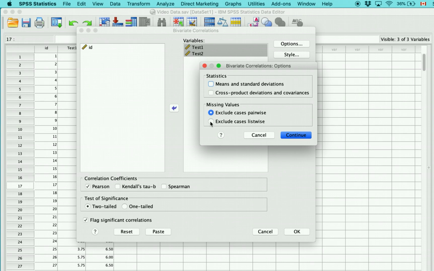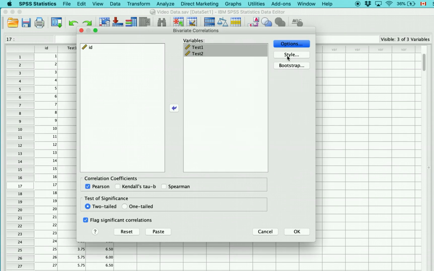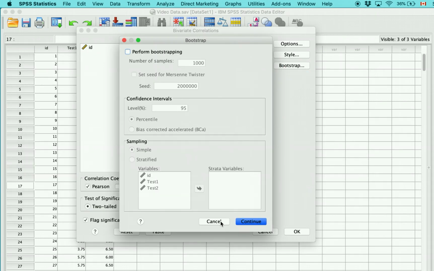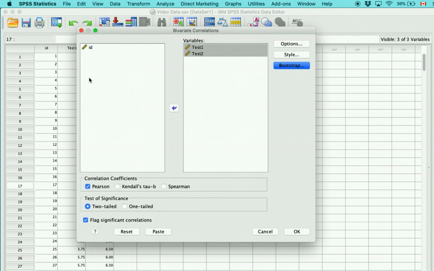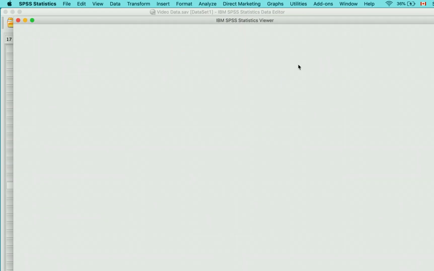However, if you were to select listwise, it would mean that anyone with missing data on any of the variables in here is going to be excluded from everything. So typically, to try to conserve the biggest number of participants possible, the default is to just leave it on pairwise. For Style, there's nothing you need to do here, and Bootstrap, nothing you need to do here as well. So basically all you need to do is move these over, and that is it. So you click OK, and it's going to run the analysis.